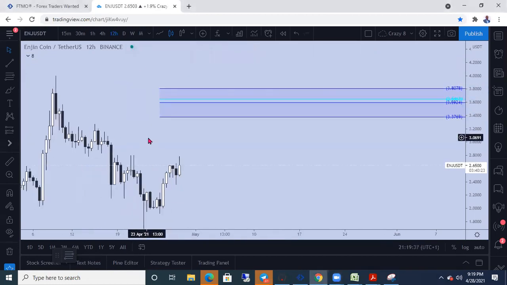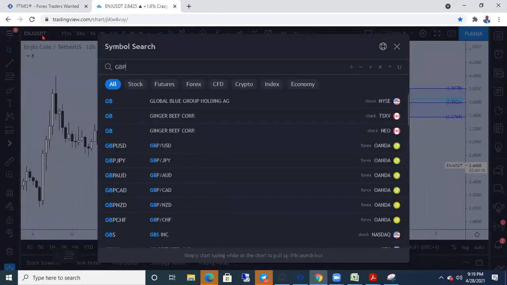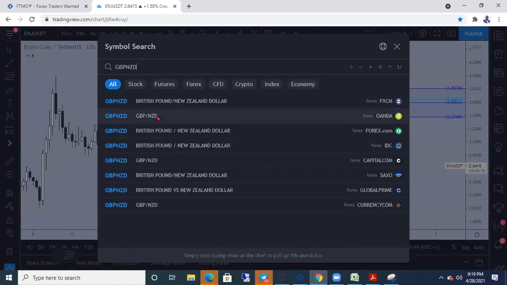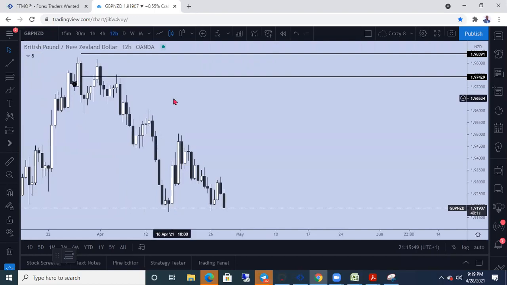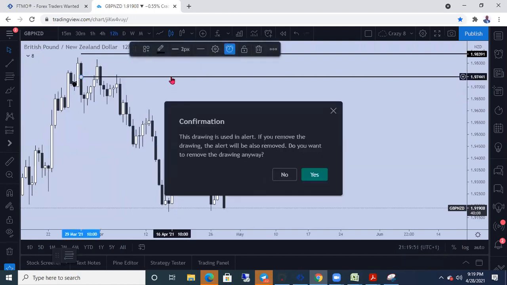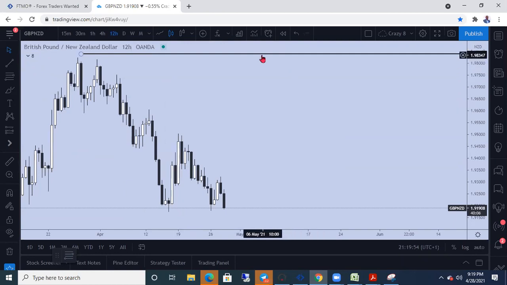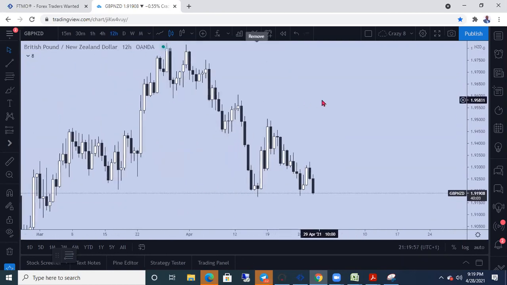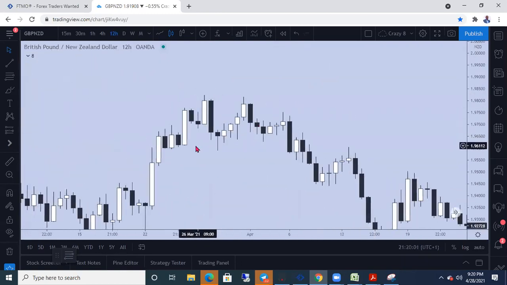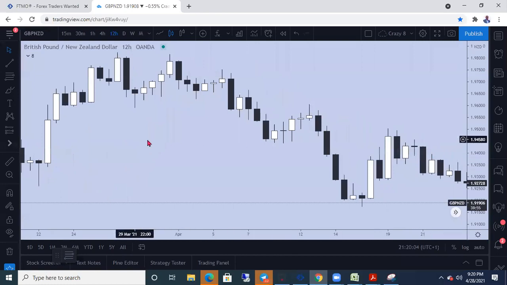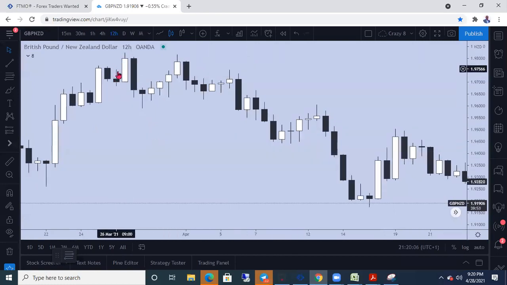So let's go back to, was it GN we're using? Yeah, GBP and ZD. And I love using Oanda because they basically do not show gaps. So let's say at this peak here, the highest candlestick pattern we can find is a bullish engulfing.